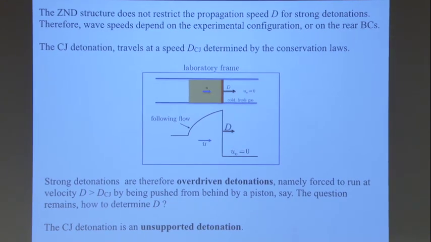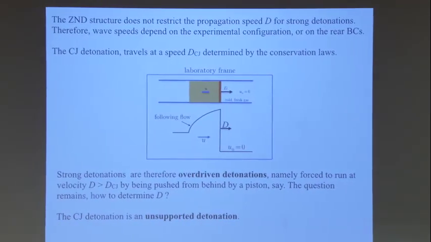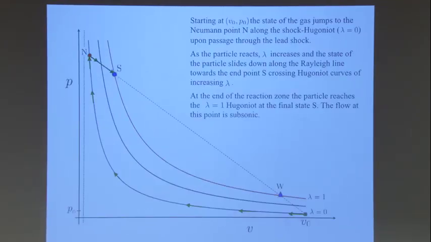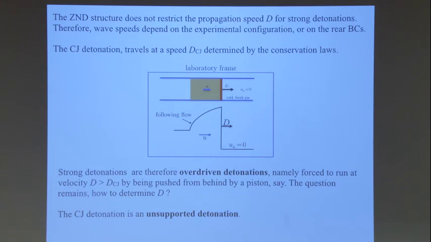Those are typically strong detonations, and I told you earlier that strong detonations are driven by a piston, and they can reach any velocity that you want. They are often known as overdriven detonations.